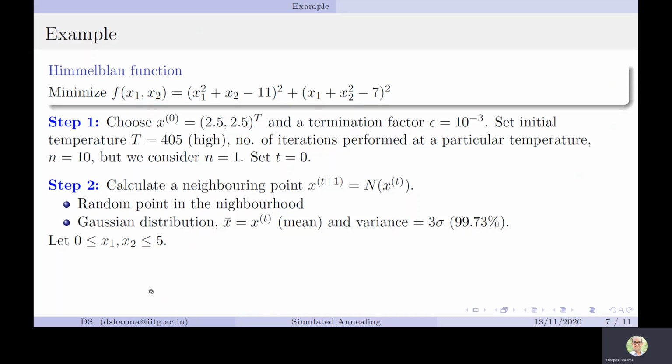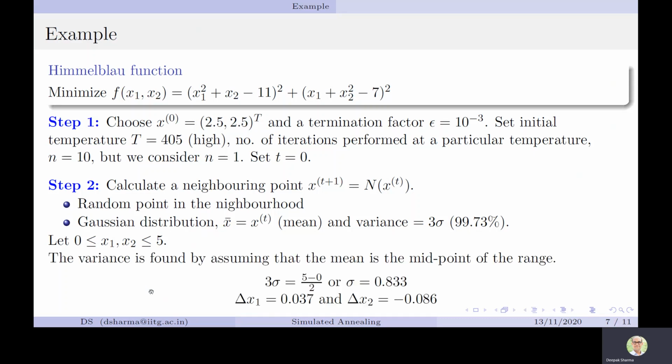Let us take x1 and x2 between 0 to 5. What we can do is find the standard deviation, because for the Gaussian distribution, we have to pass the value of the mean and the sigma. By passing this, we can get a delta x1 and a delta x2 value. These delta x1 and delta x2 values, if we add to the x0 value, we are going to get a new point.